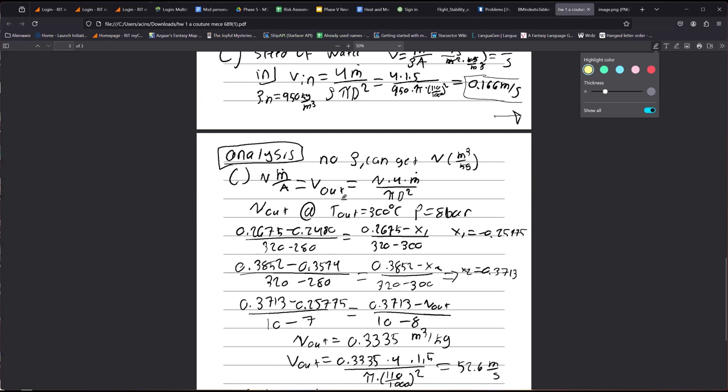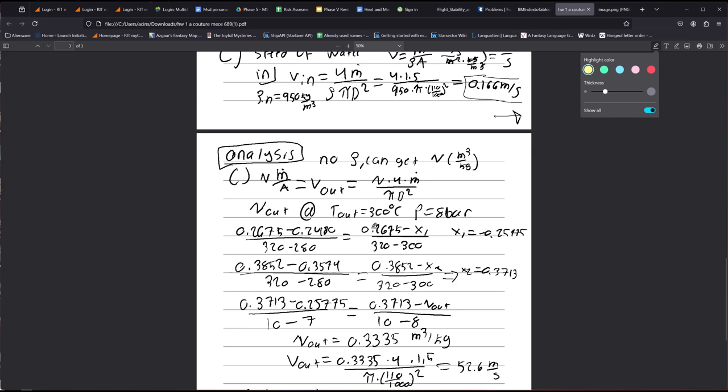The analysis for the outlet is more tricky because we don't have the density of the water going out of the system, because it's not water, it's steam. However, we can change the equation to use specific volume instead of density, and as I show here, that's the equation. Getting the specific volume at the outlet is somewhat tricky because many steam tables will not list 8 bar.